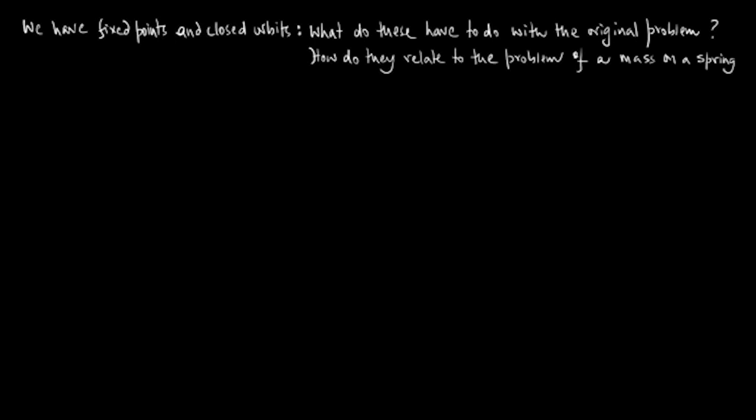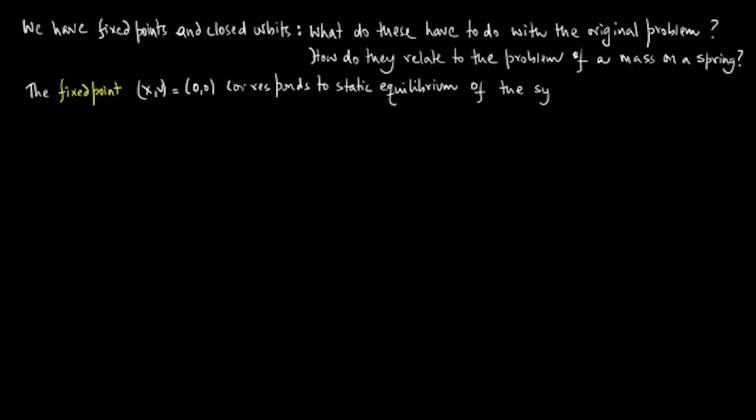Now we have fixed points and closed orbits. So the question is, what do these have to do with the original problem? Or how do they actually relate to the problem of a mass on a spring? The fixed point (x, v) equal to (0, 0) corresponds to static equilibrium of the system.